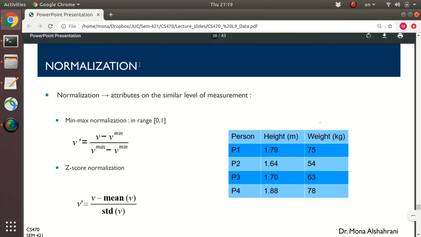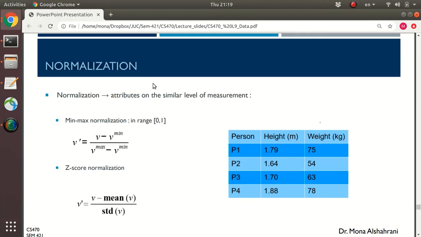Also in this lecture, I would like to mention a technique for pre-processing, which is called the normalization technique. Normalization ensures that attributes are on the same level of measurements, and this is very important before applying any machine learning algorithm.